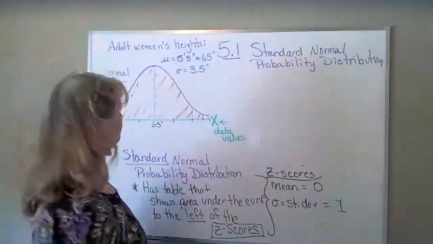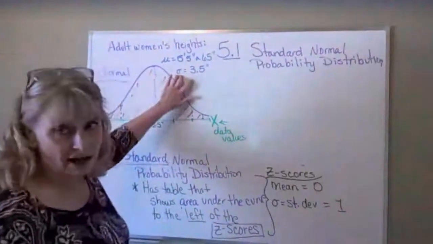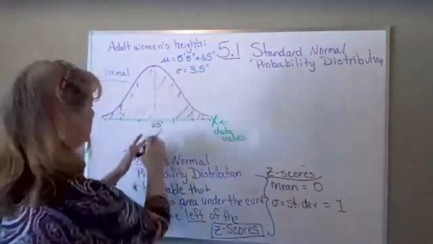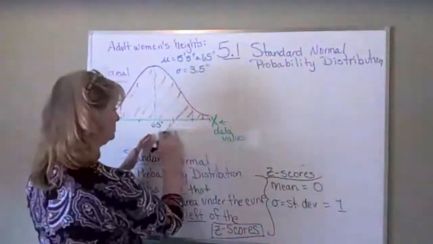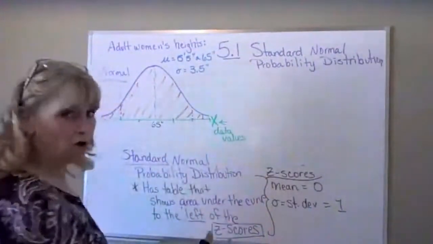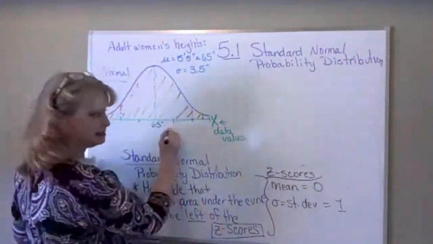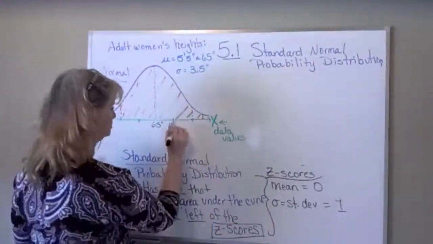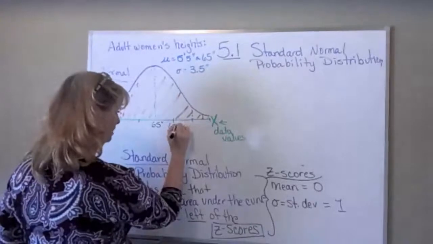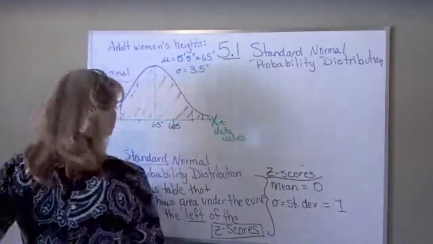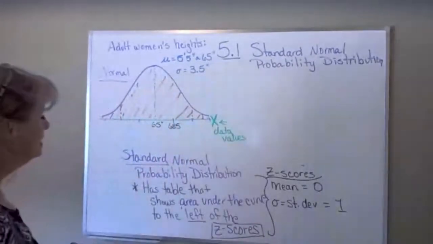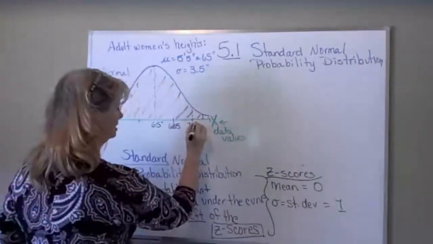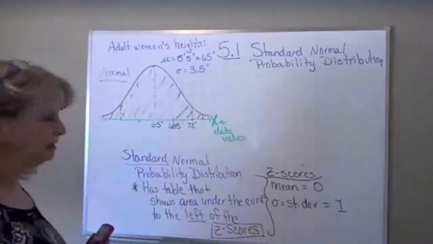And then I found that the standard deviation for adult women's heights is 3.5 inches. So when I go to the right 3 times, I'm going to add 3.5 over and over again. So one standard deviation to the right would be 68.5. And if I add 3.5 to that, that's going to give me 72 inches here, which is 6 feet.